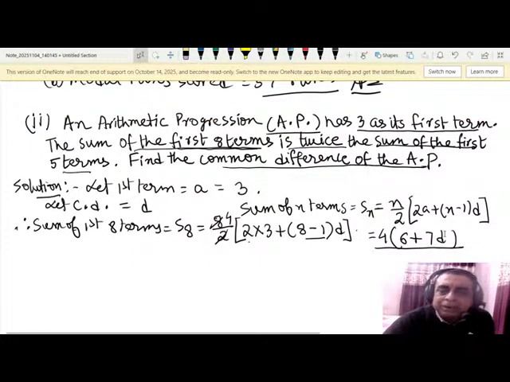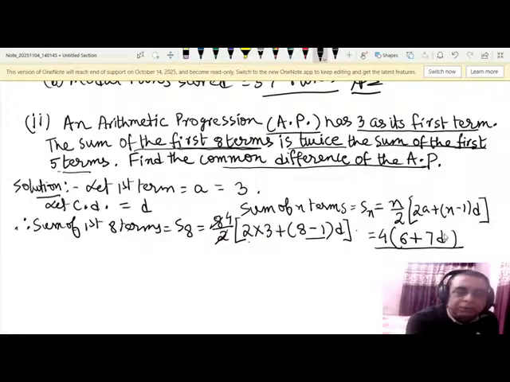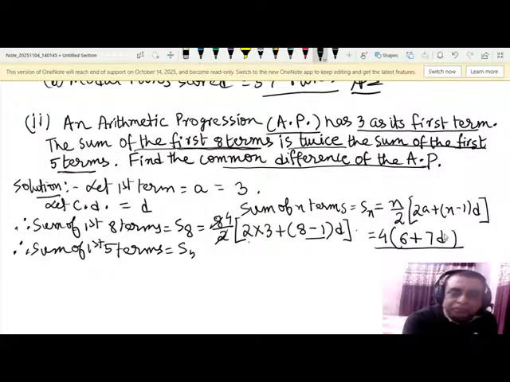Now the sum of the first 5 terms, you find out the value. So the sum of first 5 terms, we denote it as S5. The formula is, you write 5 divided by 2. Here n is 5.